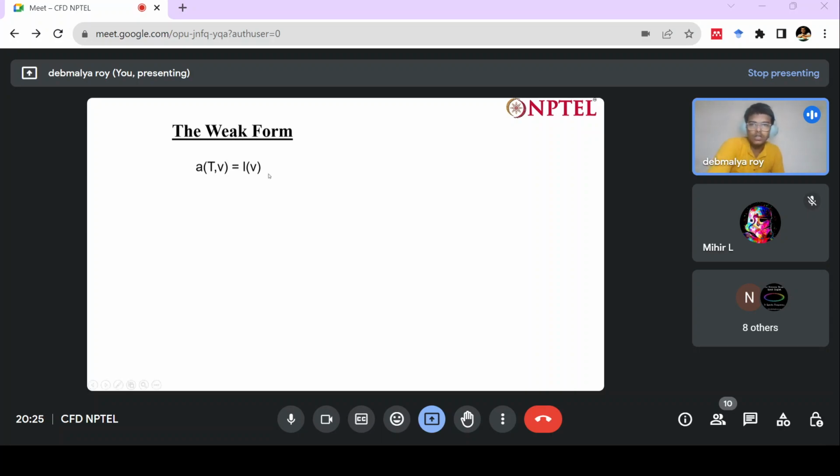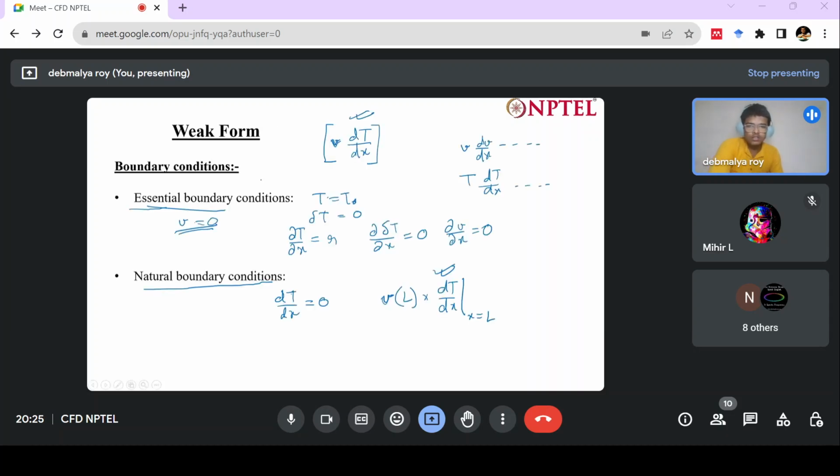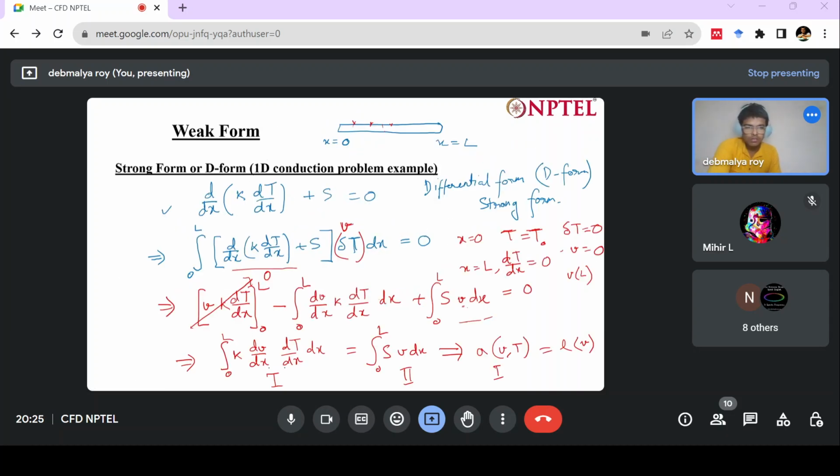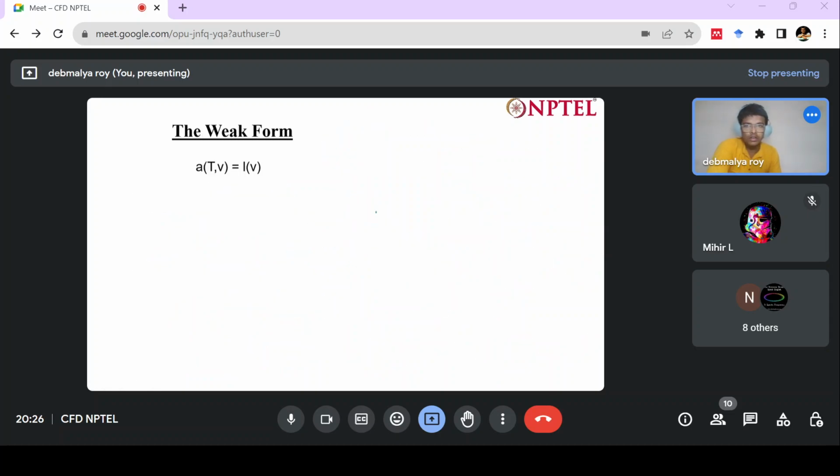So, just two slides back, you came to this point, right? I will write it down. So we started with this, and named it the strong form.